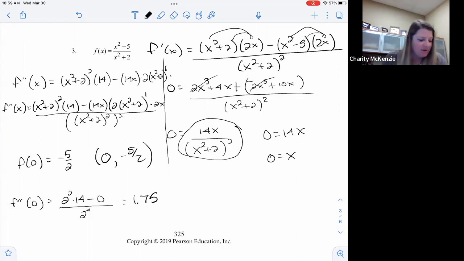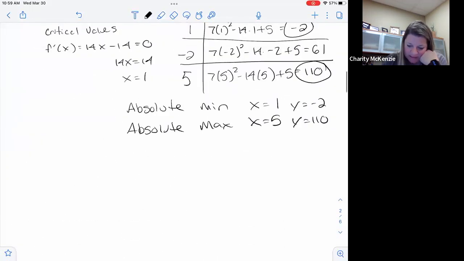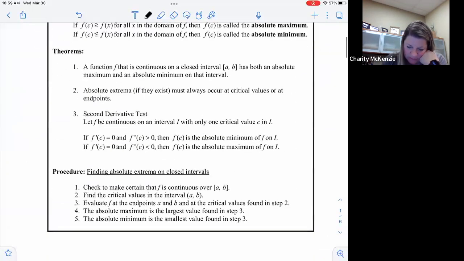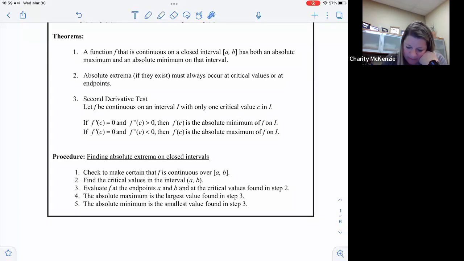That is going to be bigger than 0, 1.75. So it has to be an absolute min. Let me scroll back up and remind you on our notes, it's bigger than 0. It's not at 0, which is good. So then it's an absolute min.